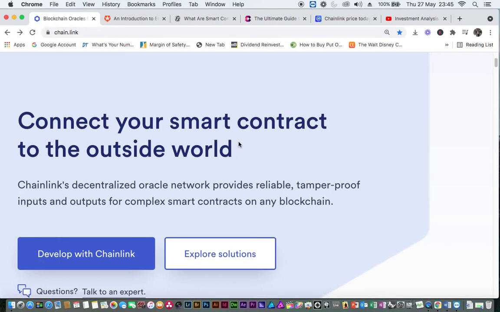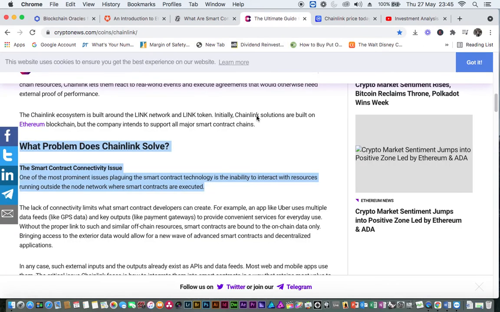Meanwhile, let me tell you more why Chainlink is a necessity. And in doing so, let us examine what problem it is designed to resolve. You see, one of the most prominent issues plaguing smart contract technology is the inability to interact with resources running outside the node network where smart contracts are executed.